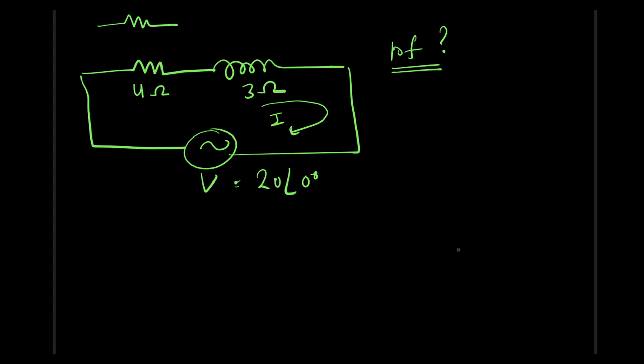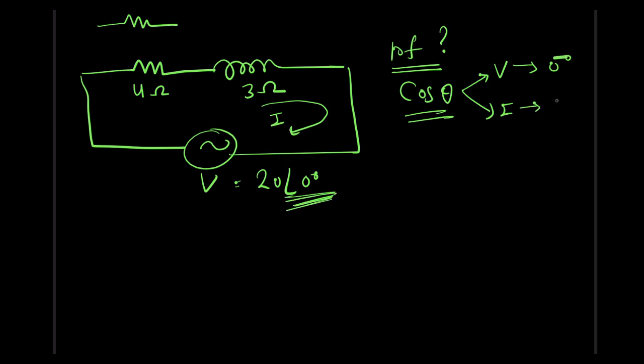To solve this question, we know that power factor is cosine of theta, where theta is the angle between voltage and current. Now the angle of voltage is 0 degree, which is given in this question. But what about the angle of current, which we have to calculate?